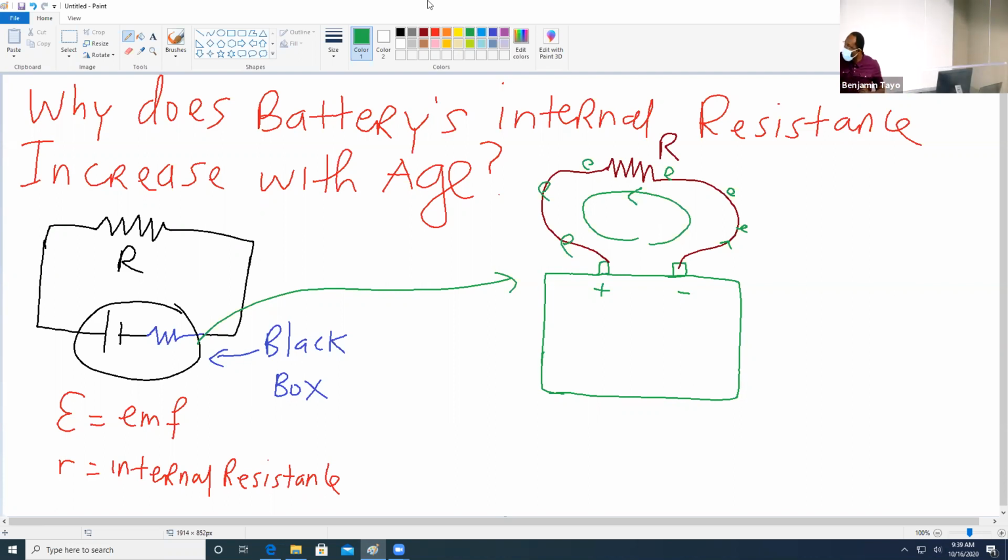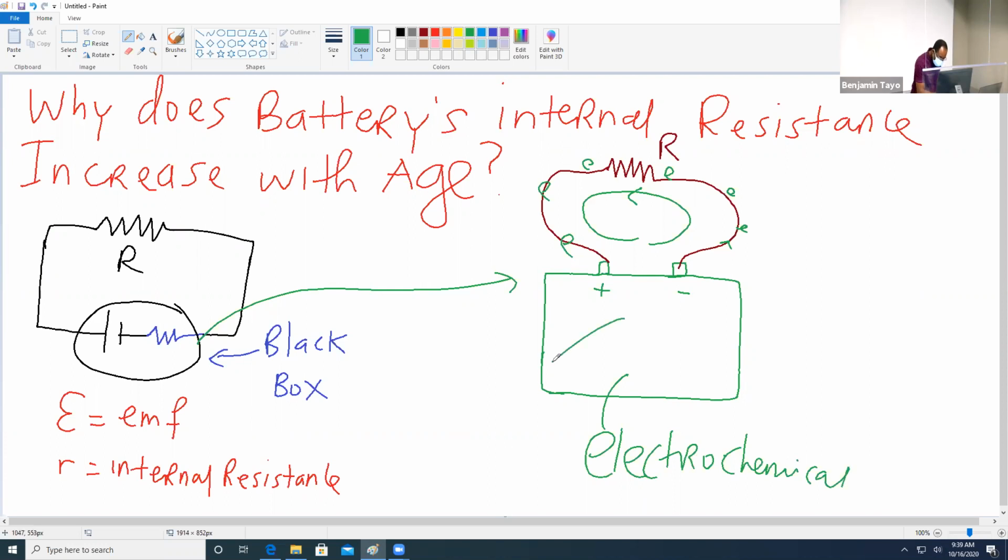So what the battery is doing here is that, so this battery has something that is called the electrochemical action. So there is some chemical reaction that is taking place in here that is supplying the energy to move these electrons from here to here, right?